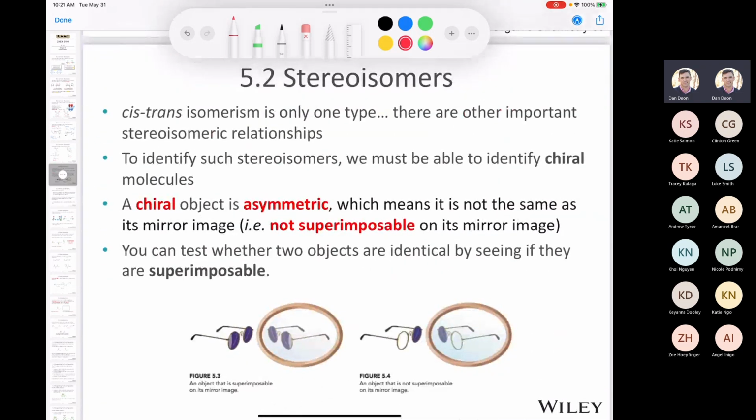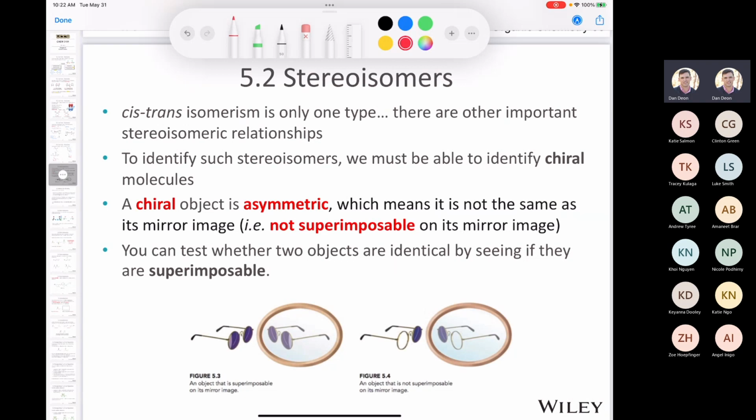Well, let's get back into this whole idea of stereoisomers and get into a little bit more detail. You're going to see some concepts in here that I've already let come out of my language a little bit, because cis-trans isomerism is only one type of stereoisomerism. There are other important stereoisomeric relationships that we have to know as organic chemistry students.